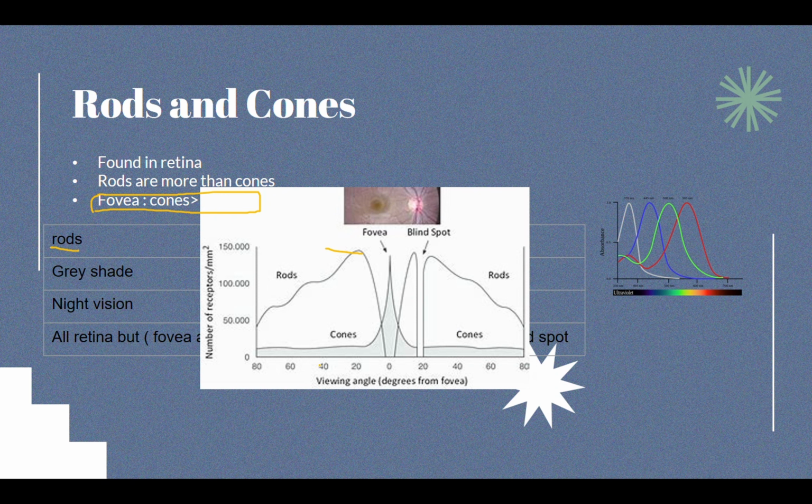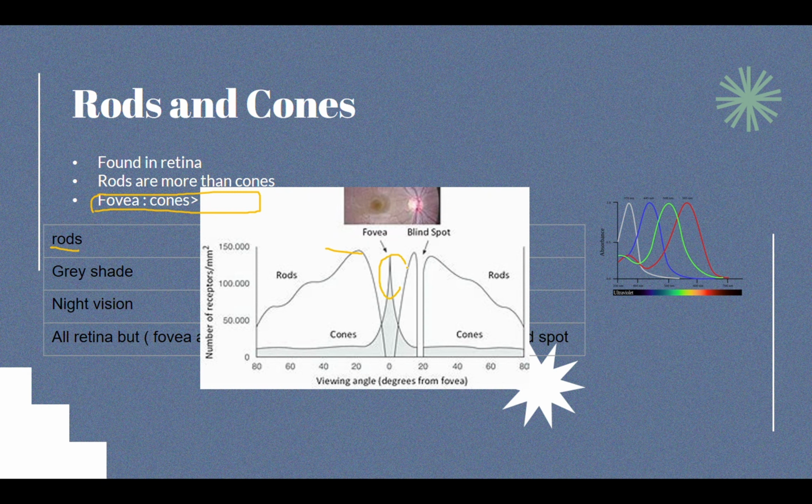Here is a graph that they've included once in one of the past papers, where they gave you a graph and you need to explain it. There were several questions on it. As you can see, there are a few cones right here, a lot of rods right there. Why is that? Because this is an area other than the fovea and other than the blind spot. Here is where the fovea is found.